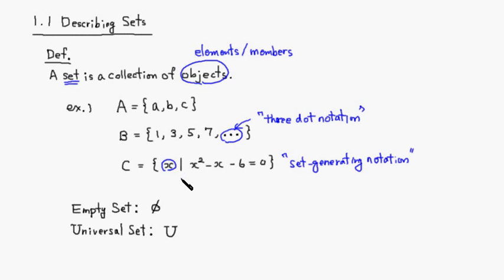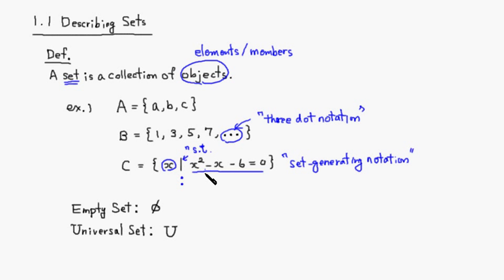Some people use a colon too, so you can use either one, but you can think of this as meaning "such that." So set C is a collection of elements x such that it satisfies this equation.